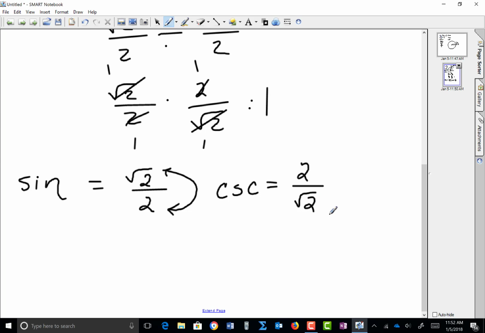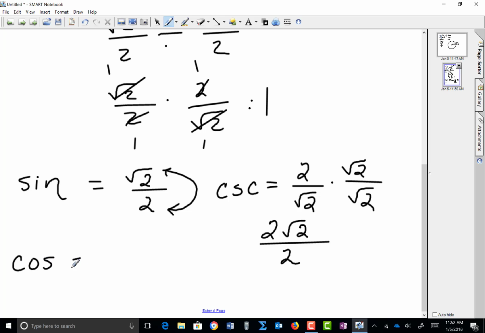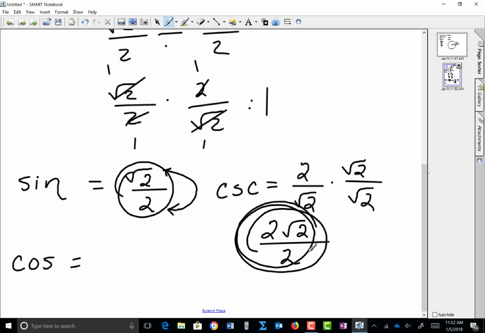Can't have a radical in the bottom most of the time, so we rationalize, and we get 2 square root of 2 over 2. And that's our cosecant. So for secant, it's also the reciprocal of this same thing.